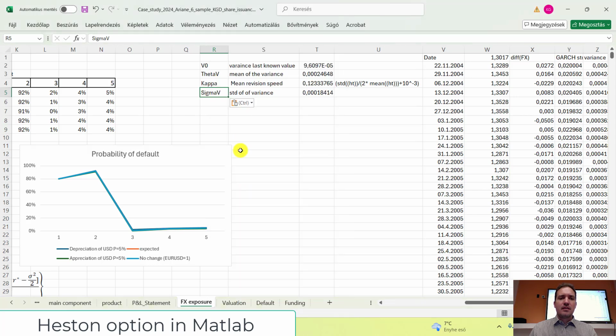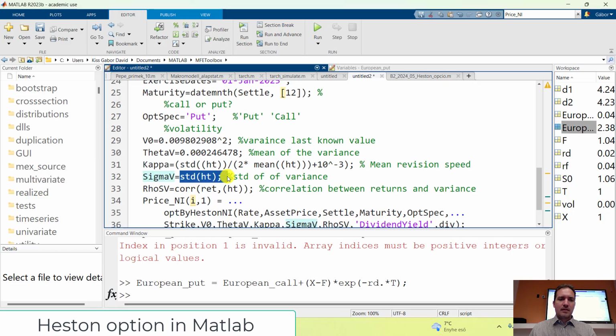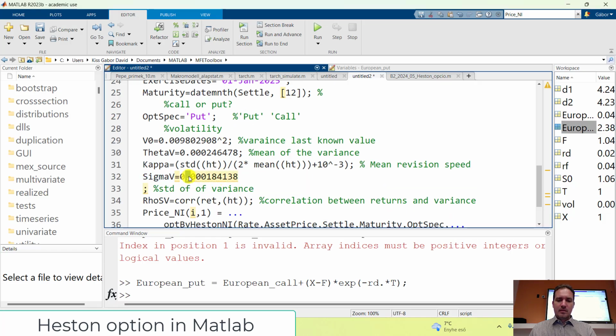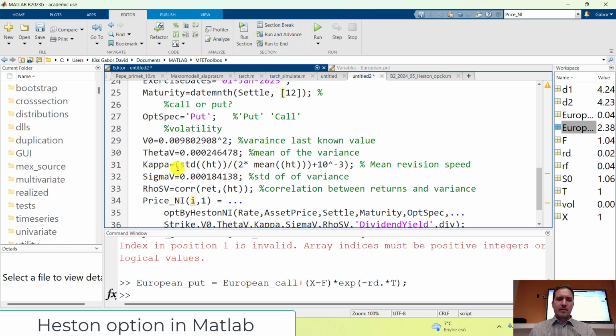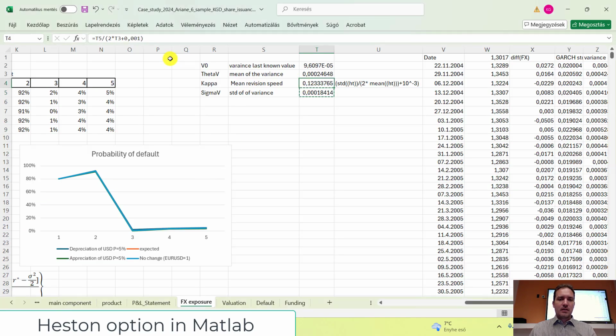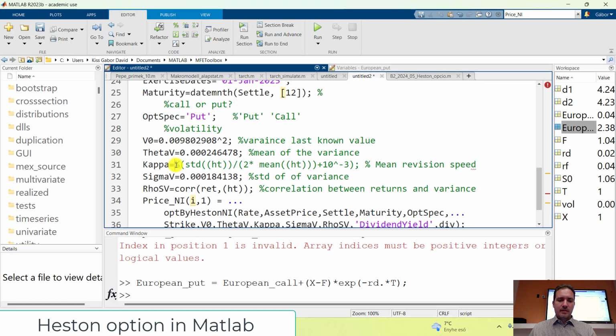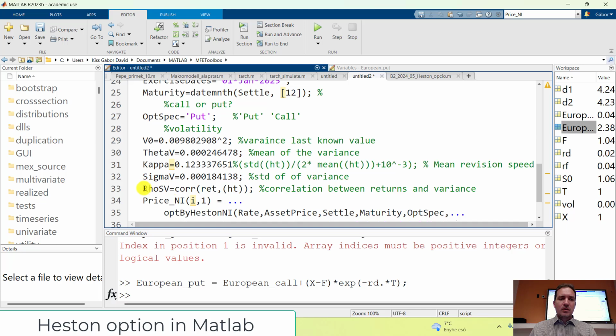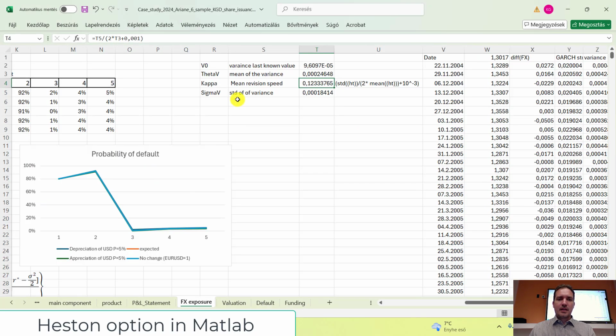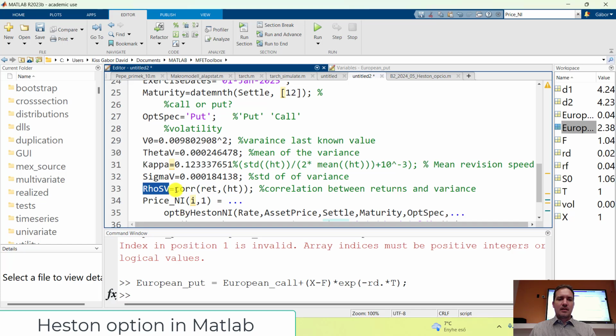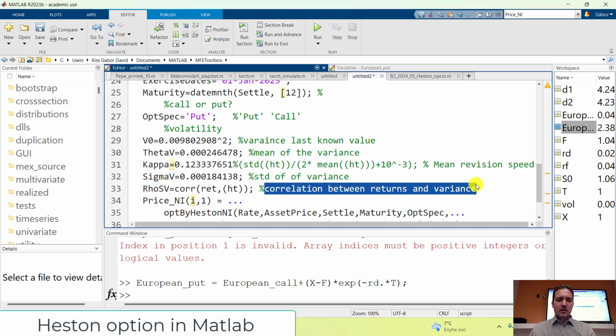Okay. And this one is this number, and also still we need rho SV. So the correlation between returns and variance.